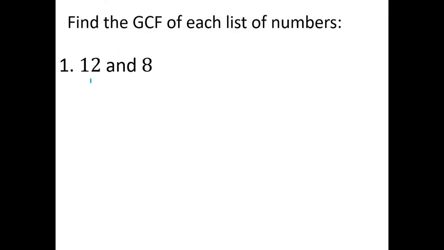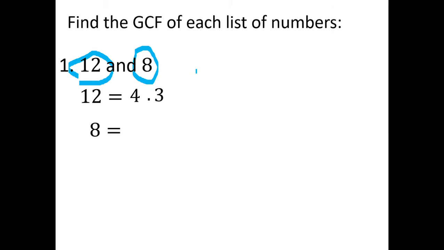Or for example, we have 12 and 8. Ngayon, alam natin ang factors ng 12 ay 4 and 3, ayan. And 8 is 4 and 2. So, alam natin, GCF niya is 4.